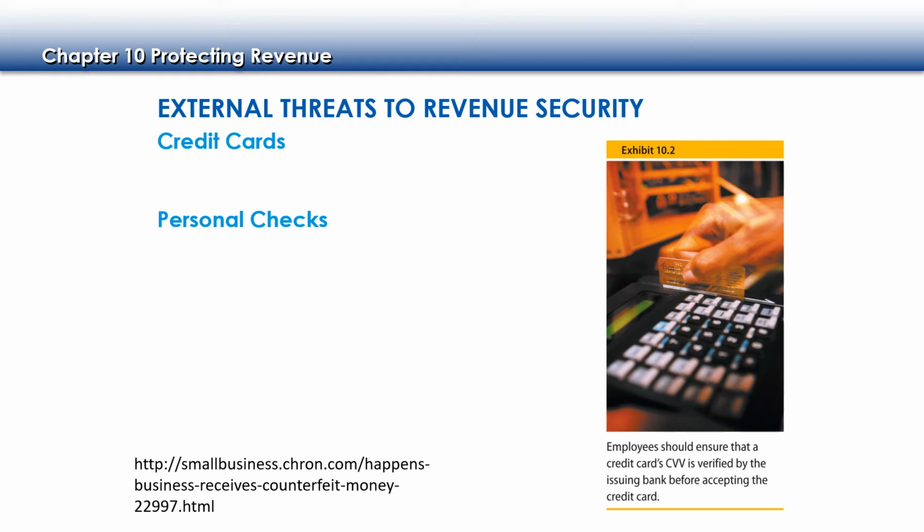For personal checks, if we don't have a reader to validate them, which are pretty expensive pieces of equipment, then we may not even accept personal checks, to prevent accepting a hot check or a fraudulent check. Most places don't even allow personal checks any longer.